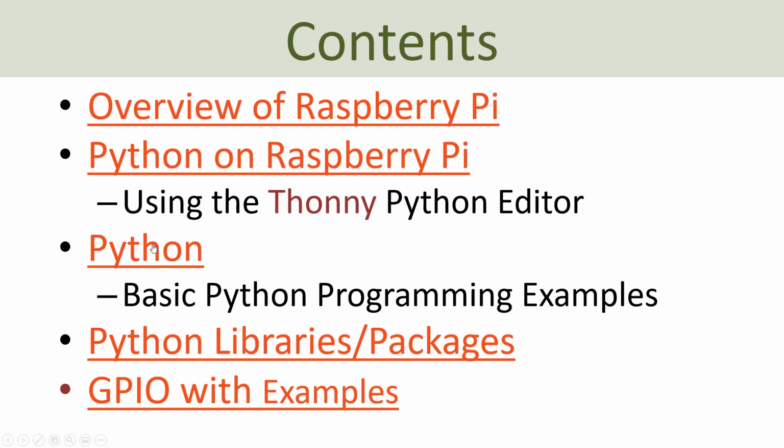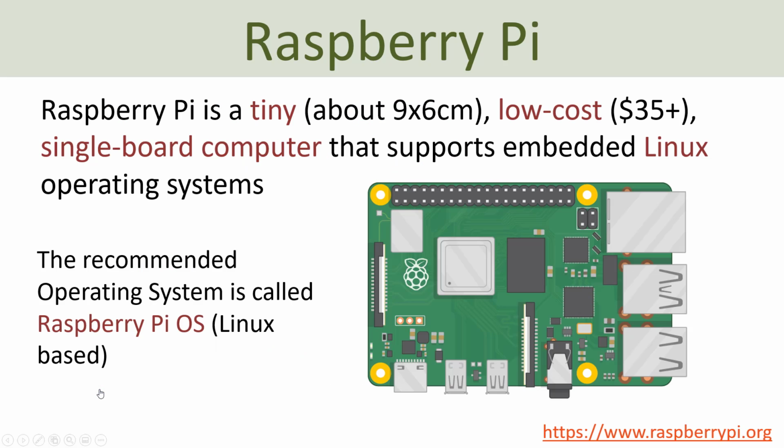Then I will go through some basic Python programming examples and introduce some important Python libraries or packages that are important to use in combination with Raspberry Pi. Then I will use the general purpose input-output pins that are available on the Raspberry Pi and see how you can use Python to program these pins.